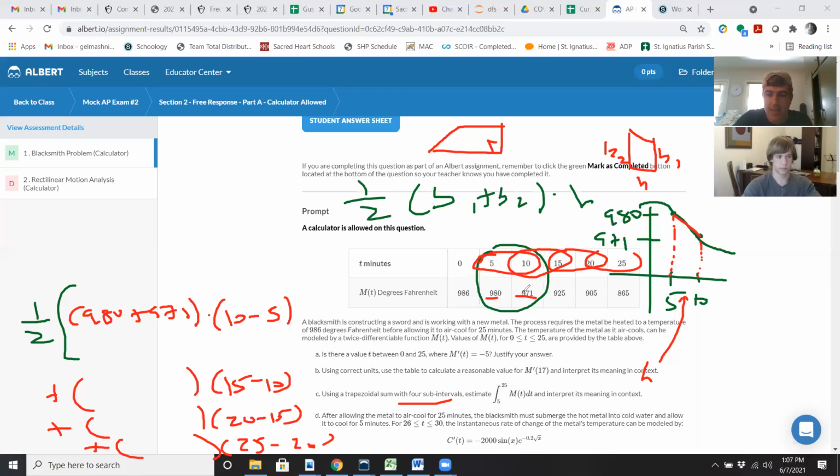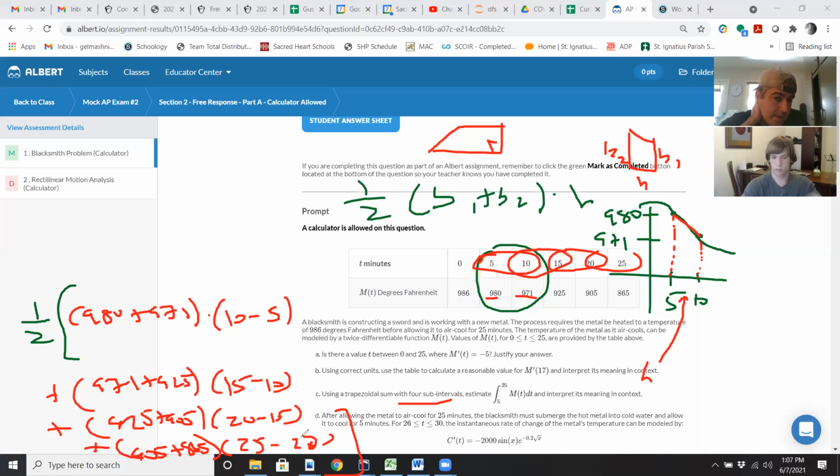I did 980 plus 971 for the first one, 971 plus 925 for the second, 925 plus 905 for the third, and 905 plus 865 for the last one. Then you just work it out. You can leave your answers like that, just so you know. It doesn't have to be simplified. But do state the units.